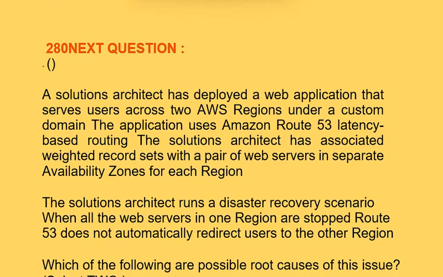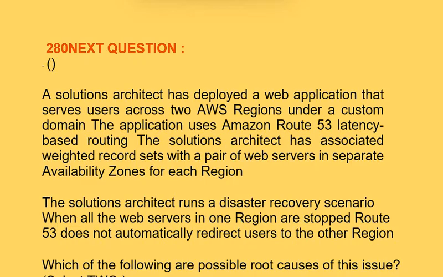Question: a solutions architect has deployed a web application that serves users across two AWS Regions under a custom domain. The application uses Amazon Route 53 latency-based routing. The solutions architect has associated weighted record sets with a pair of web servers in separate Availability Zones for each Region.